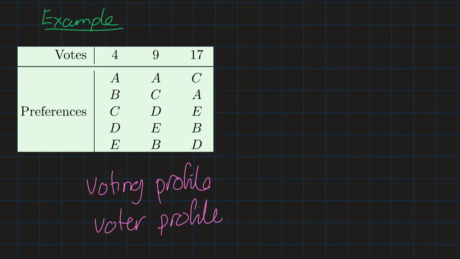Notice that I omitted a lot of different possible preferences. For example, I didn't include something like B, A, C, D, E. And it's understood that since this particular preference isn't included, it got 0 votes.